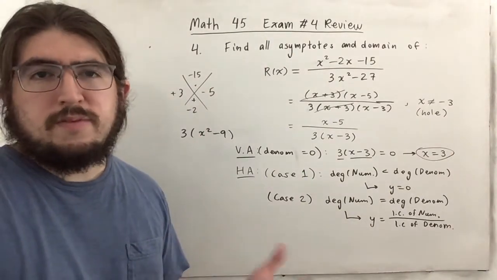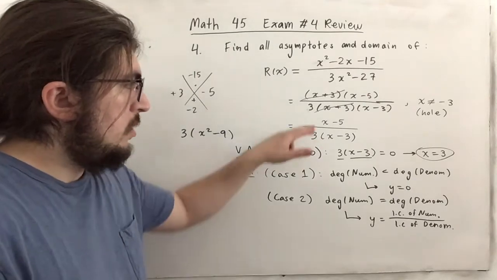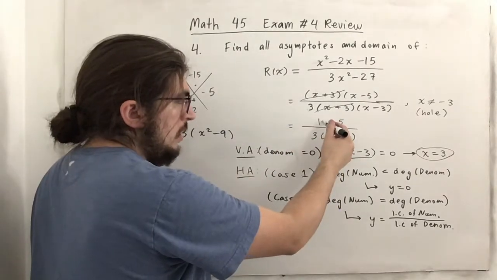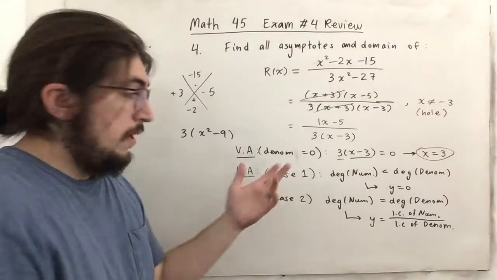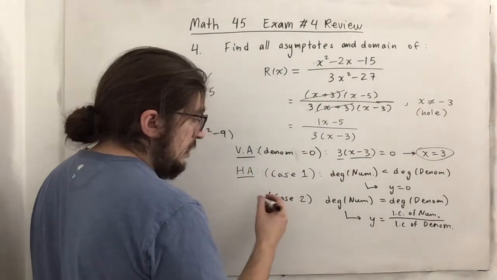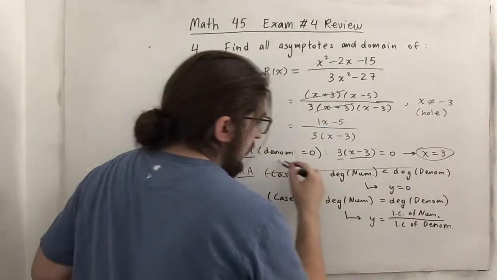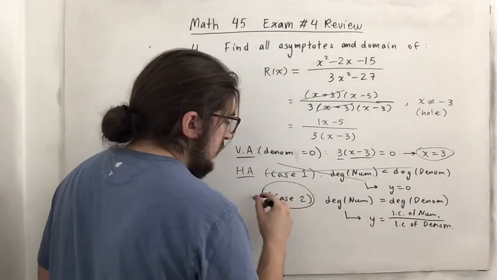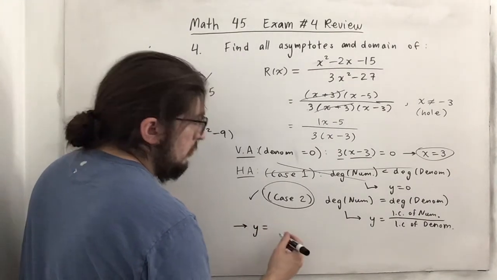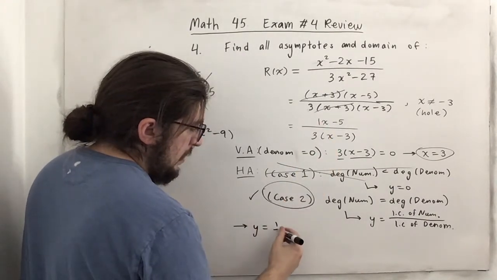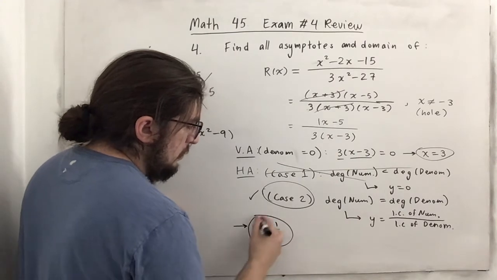It's the coefficient of your highest power term. So here on top, this is going to be 1x, and here in the denominator, after distributing, you'll have a 3x. So, in fact, here in this case, we do have case 2, not case 1. We do have case 2 indeed. And for our particular case, we end up getting y is equal to 1 over 3. So this is our horizontal asymptote.